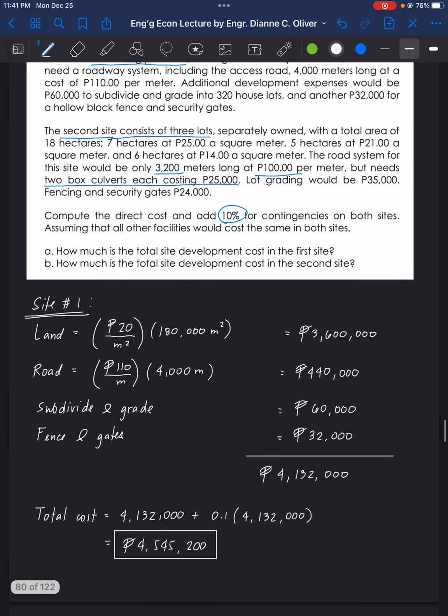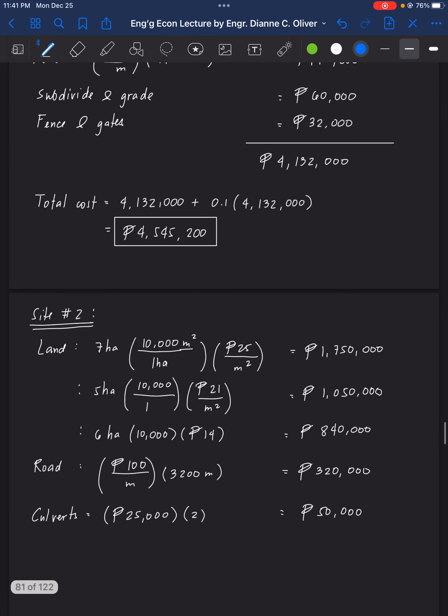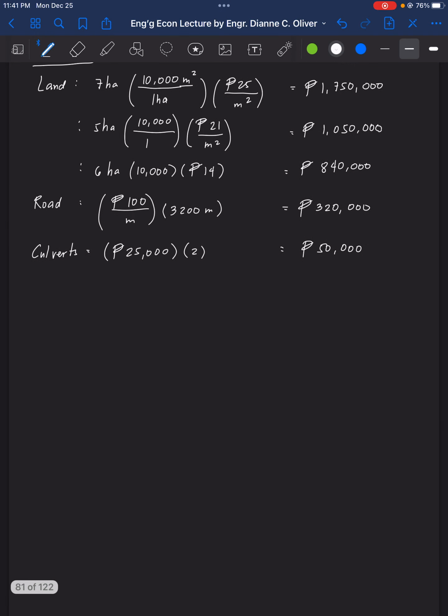Then next is the lot grading, which is 35,000, and the fencing and security gates, which is 24,000.